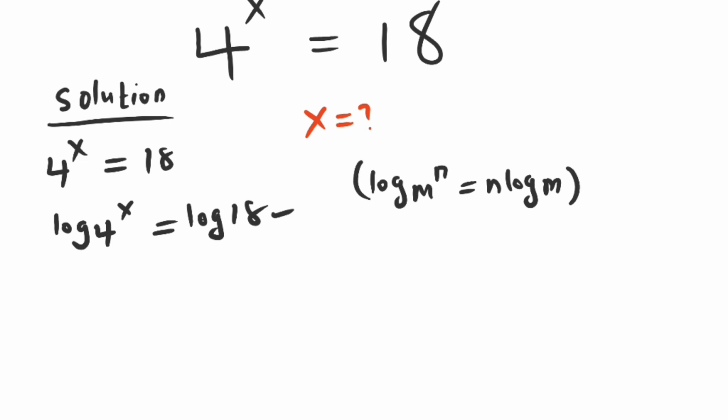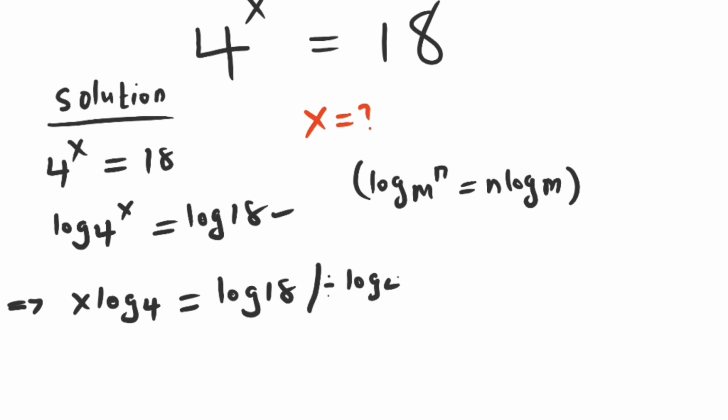And this can be written as x log 4 is equal to log 18. Let us divide both sides of this equation by log 4.